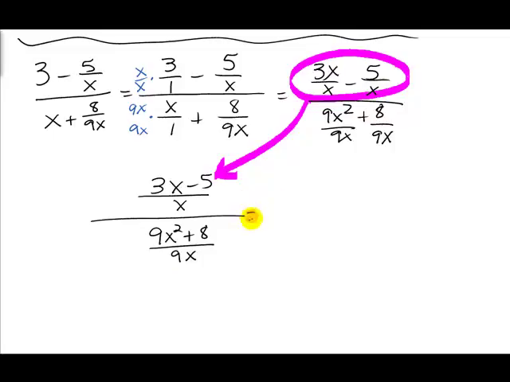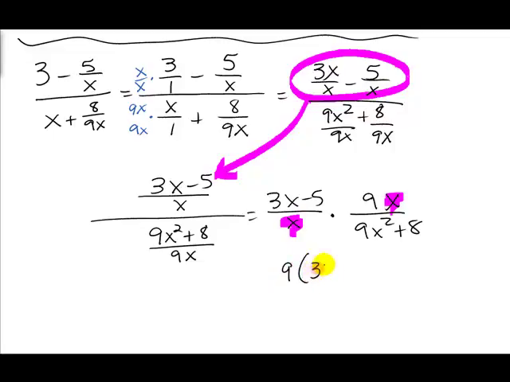So we will have 3x minus 5 over x times, flip it, cross out whatever you can, and we've got 9 over 3x minus 5 over 9x squared plus 8.